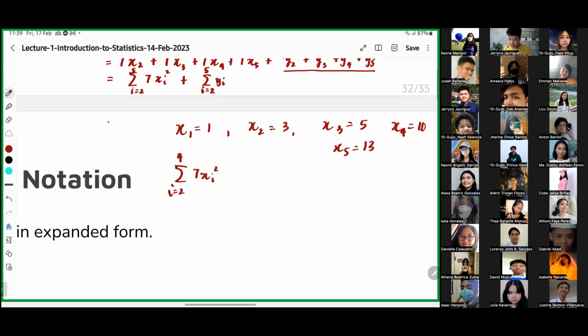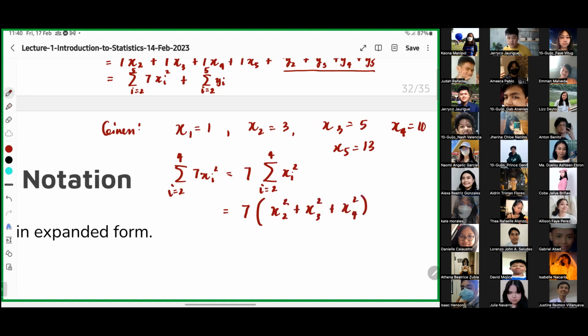So dahil may given tayo dito, we can actually find the value of this when we want to evaluate this. Sabi sa atin, we can put daw 7 in front if you have a constant there. Then x sub I squared, I equals 2 to 4. So, ang kailangan lang natin ay 7 times x sub 2, kasi yun yung simula, no? Lower limit 2 squared plus x sub 3 squared plus x sub 4 squared.